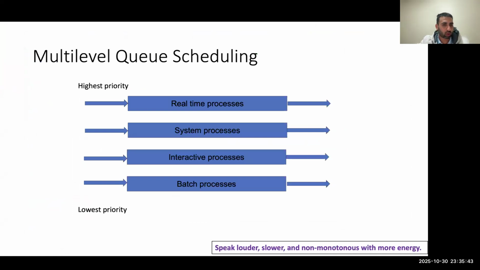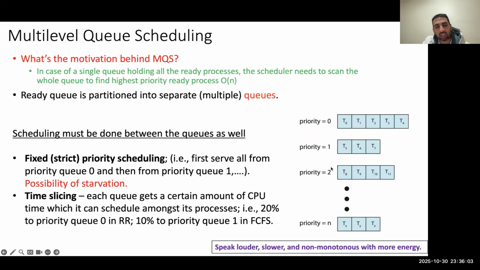Okay, any questions before we go to the next subtopic? Okay, so before we go to the next topic, just note that in multi-level queue scheduling, let's say a process or a thread, T5, enters priority level 2, right?